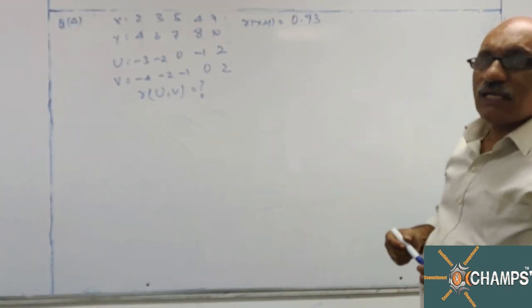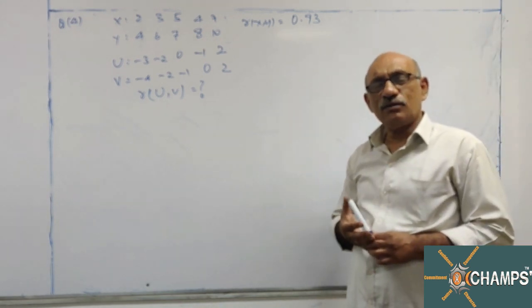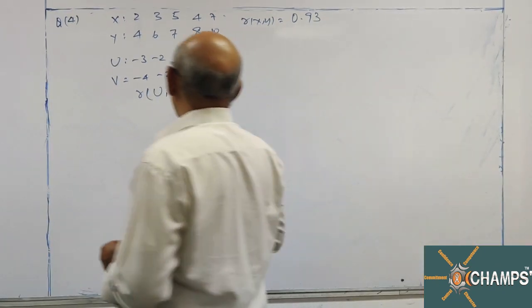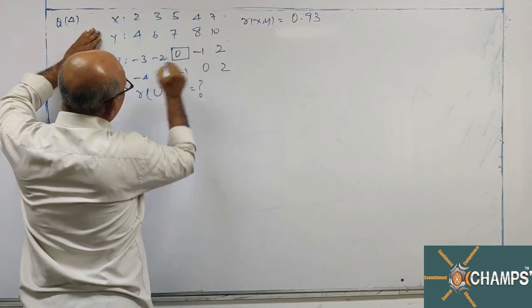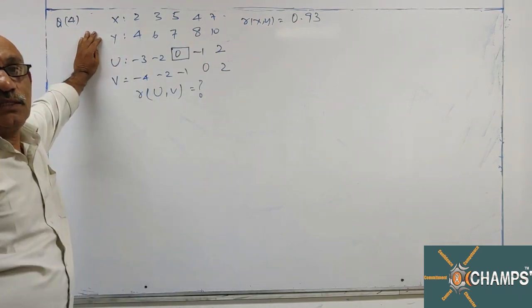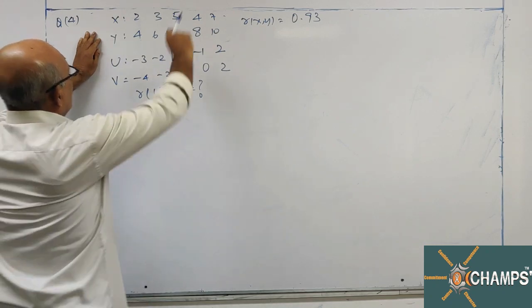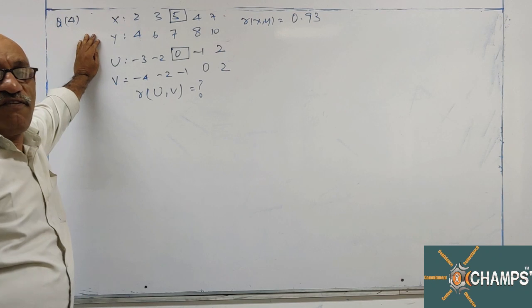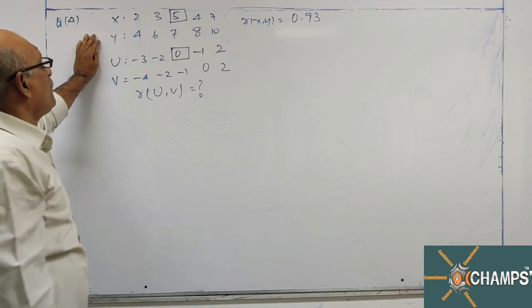Now, let's say instead of giving a straightforward relation here, it is given in an indirect way. Very simple question. Let us see the analysis of this. The third value of the variable u is 0. What is the third value of the variable x? 5. 5 is the third value of the variable x.